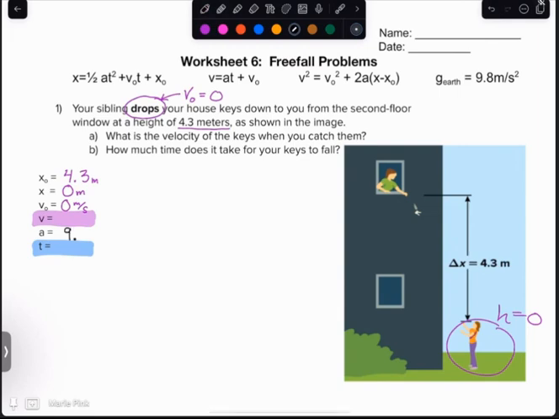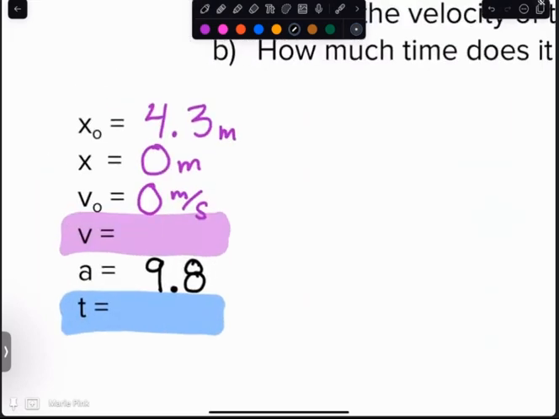Is it accelerating up or down? Down. Okay, you drop it, it's going to speed up going down. So if I have positive as up, then I need my acceleration to be negative because it's accelerating downwards.